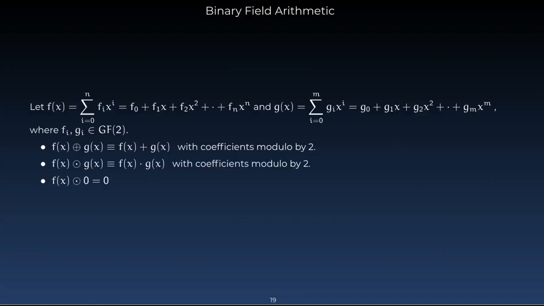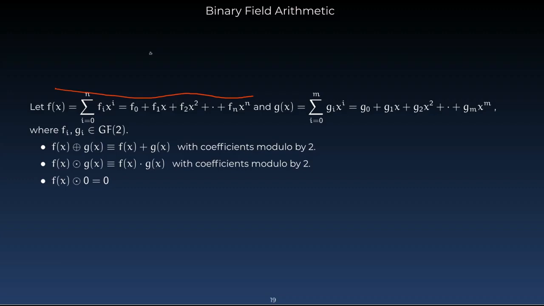Now we are going to start with binary field arithmetic, but before that we have to quickly define some things. The very first thing is the polynomial. A polynomial over GF(2) has a general form like this, where the coefficients of this polynomial should be elements of GF(2), and they can be only 0 and 1.